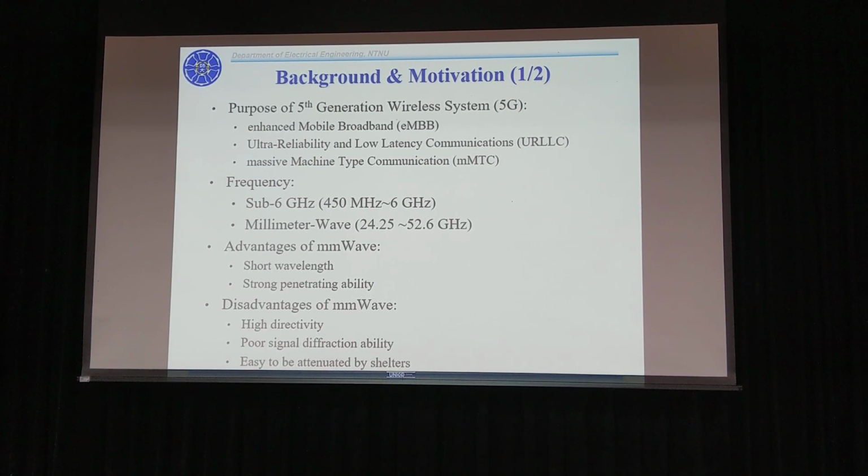The millimeter wave is a frequency band that will continue to be researched in the future because it can avoid congested low frequency bands and use ultra large bandwidth to increase the transmission data rate. Its advantages are short wavelength and strong penetrating ability. Disadvantages are high directivity in a high frequency band.